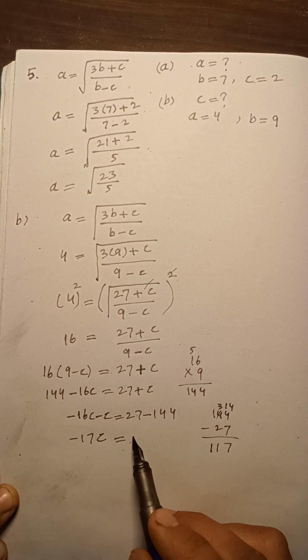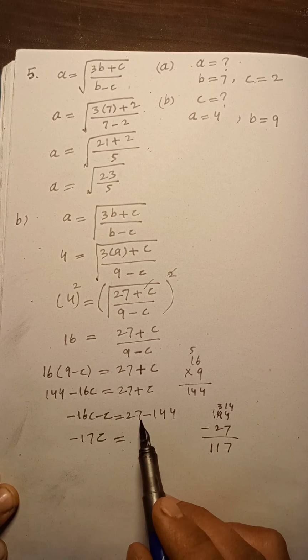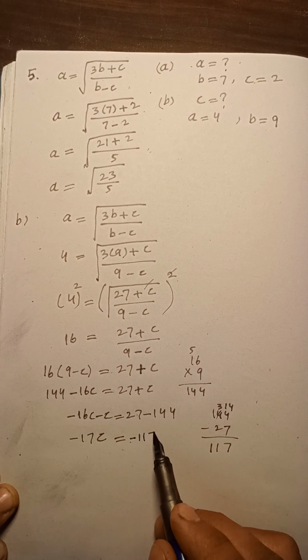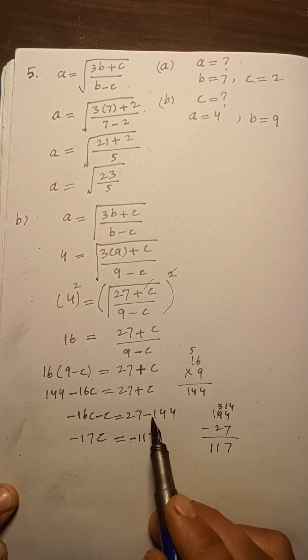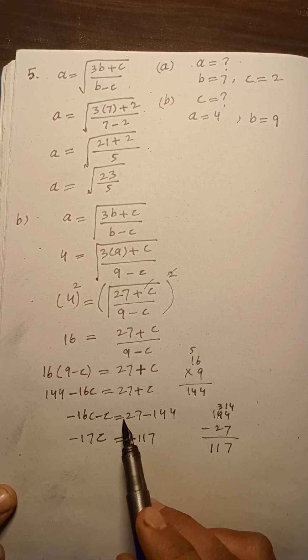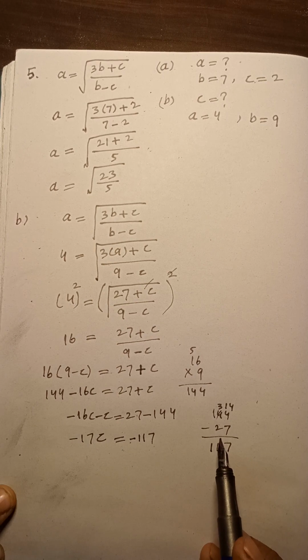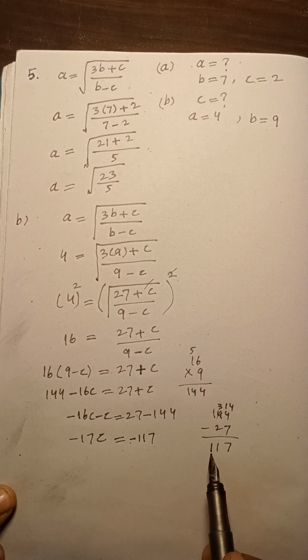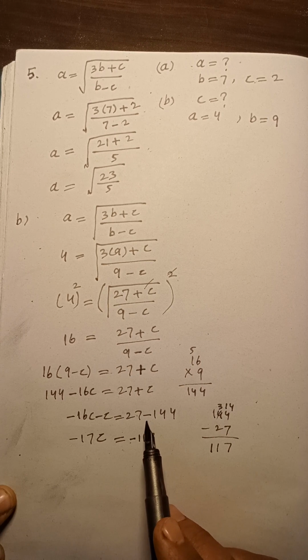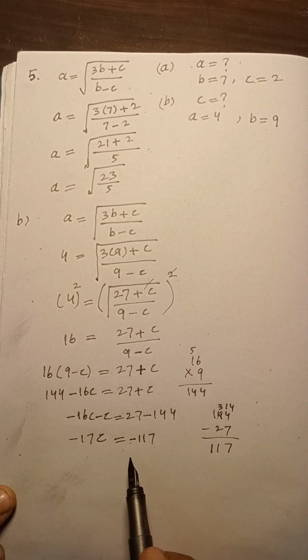But it carries a negative sign and it is the bigger term, so I should also write a negative sign here. I have subtracted these because both have opposite signs. This is plus and this is minus, and opposite signs are always subtracted. After subtraction you write the sign of the bigger term, that is minus, minus 144.